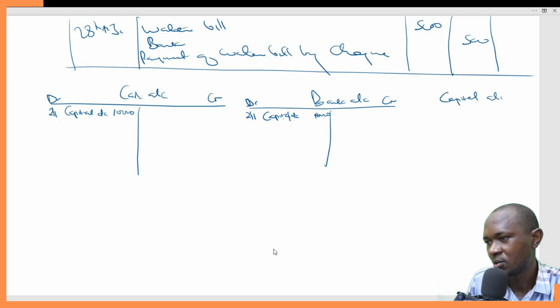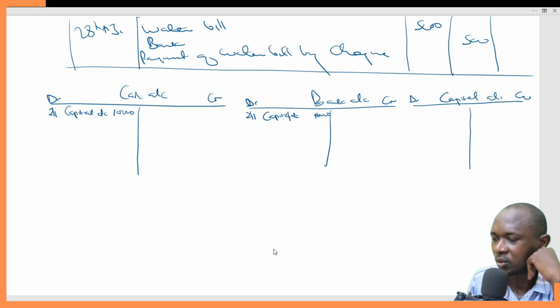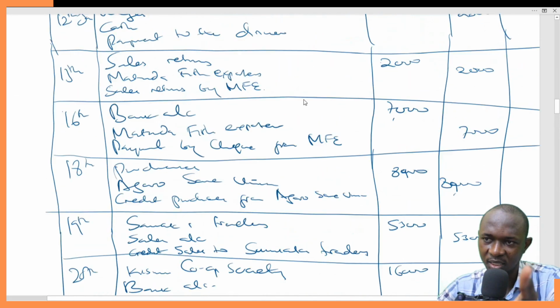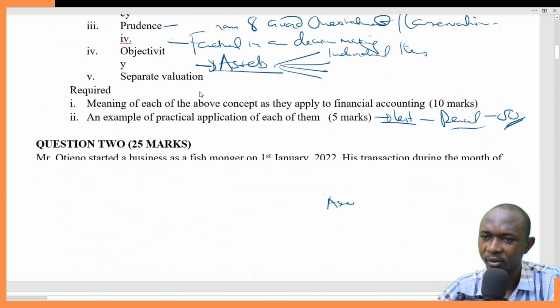So we come here, we say 2nd January, cash account, how much? 10,000. And then the same 2nd January, bank account 40,000, like that. We've just interpreted what we have here in the journal entry. So 10,000, 40,000, capital account 50,000.